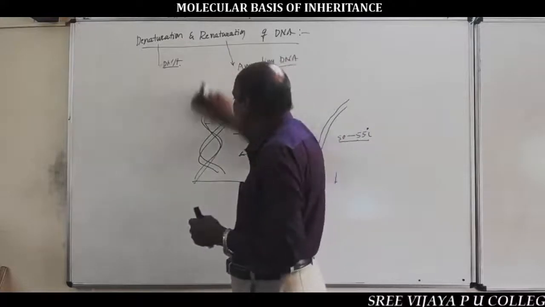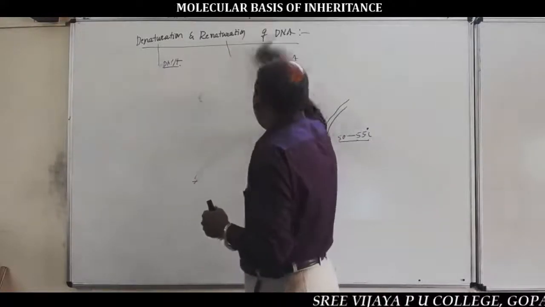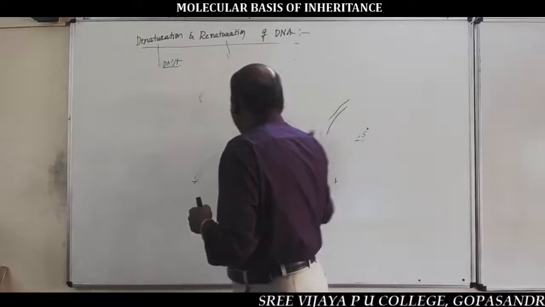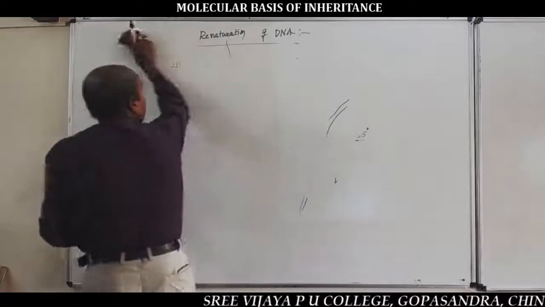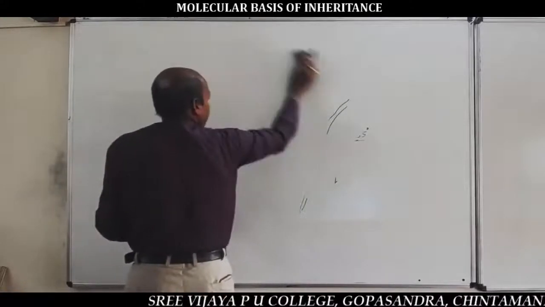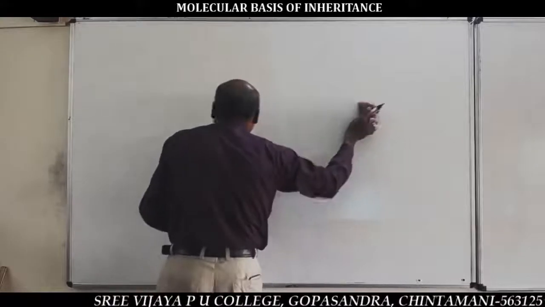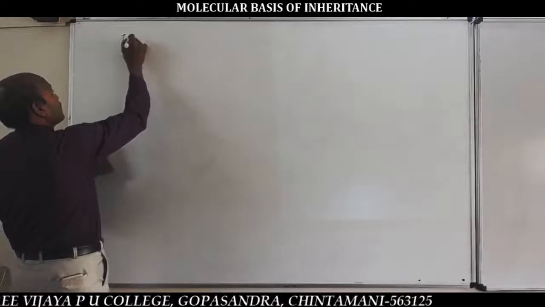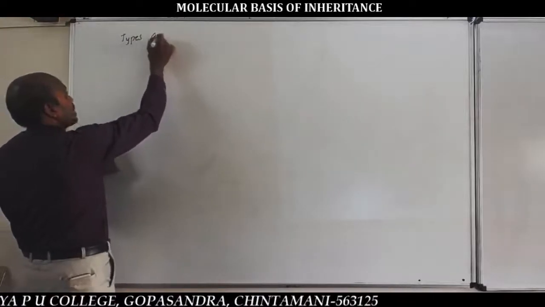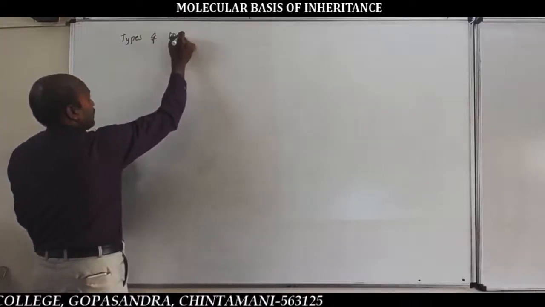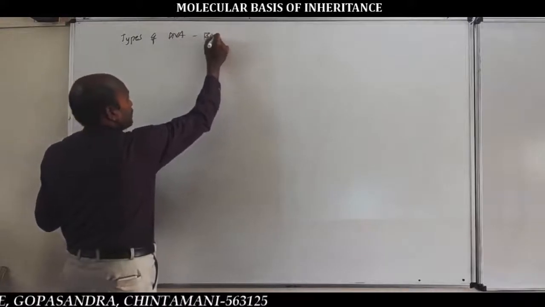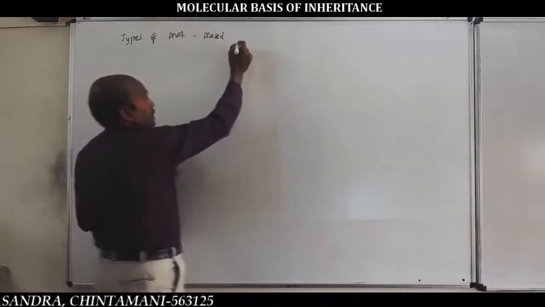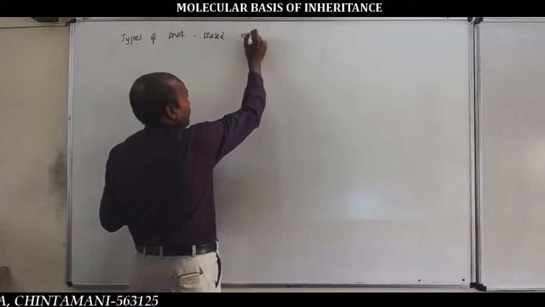Then next to the denaturation and renaturation DNA, types of DNA based on direction of twisting. Types of DNA based on nature of twisting.